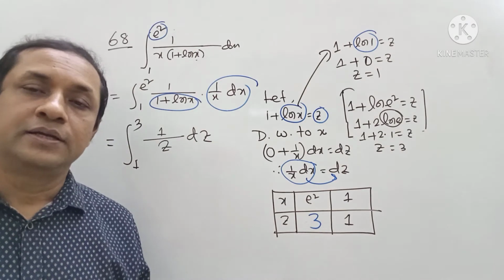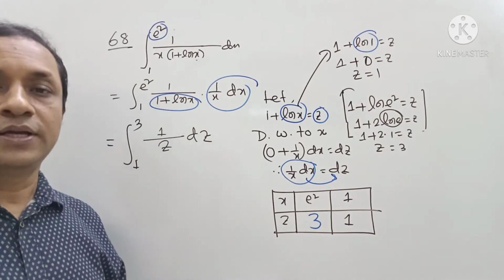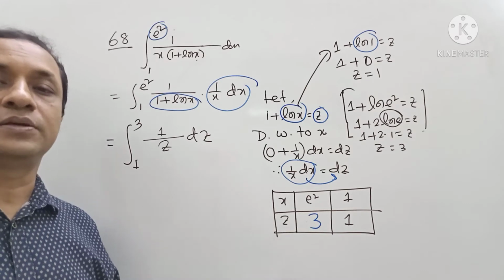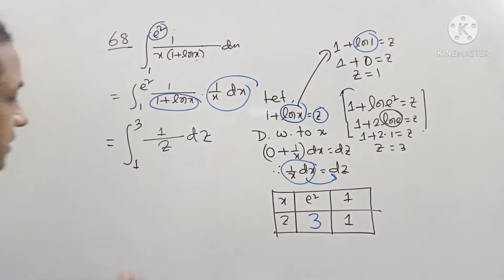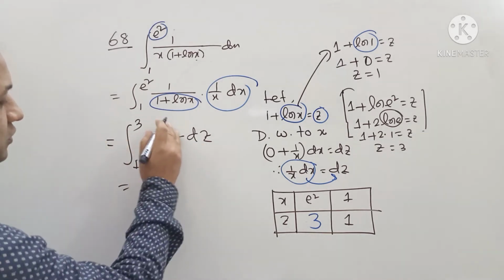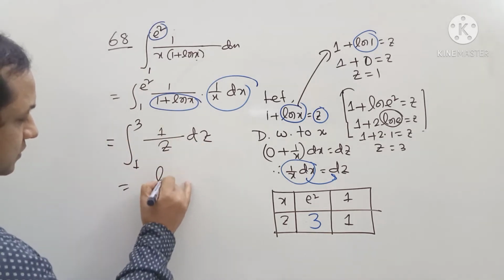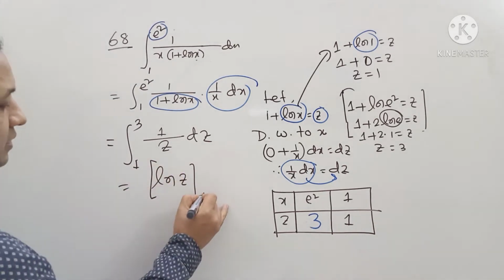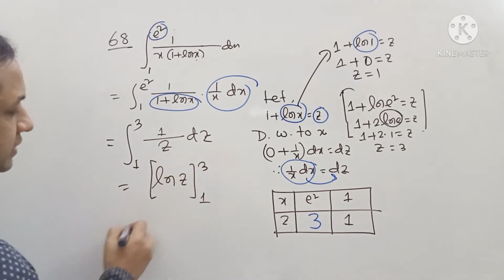Now using the integration formula, we know that the integration of 1 by z dz equals ln z, in brackets, lower limit 1, upper limit 3.